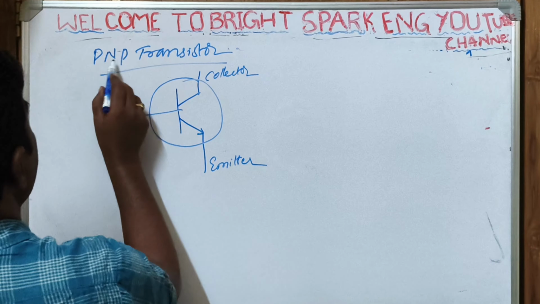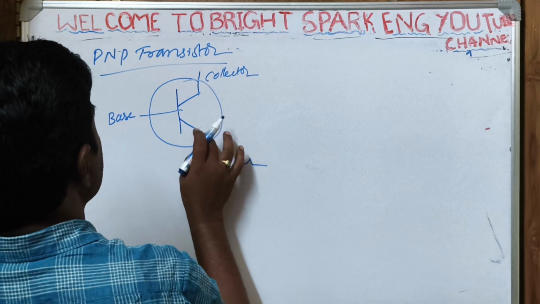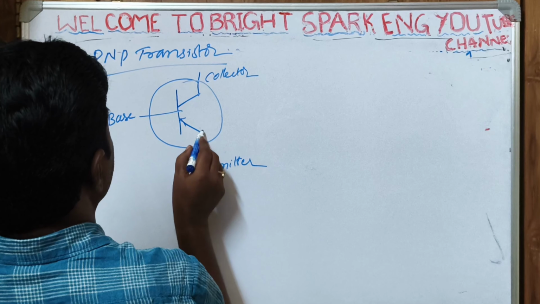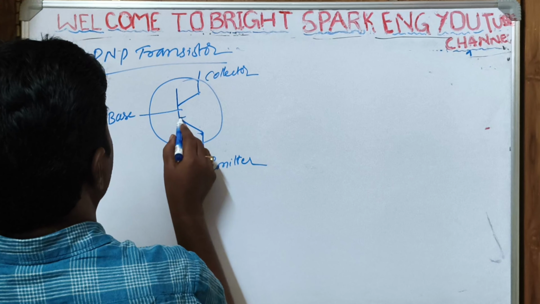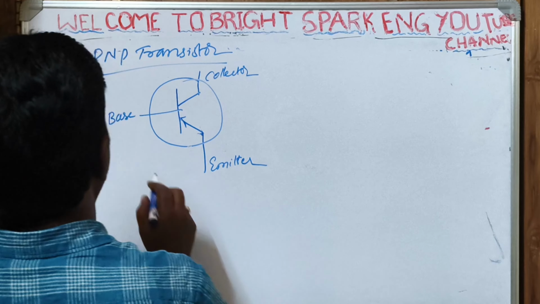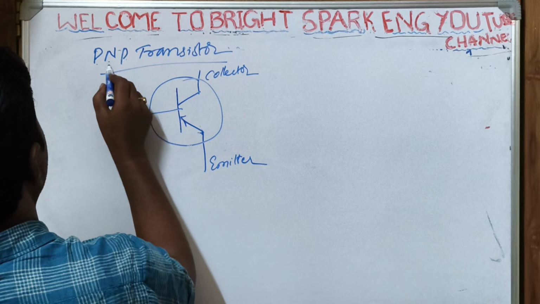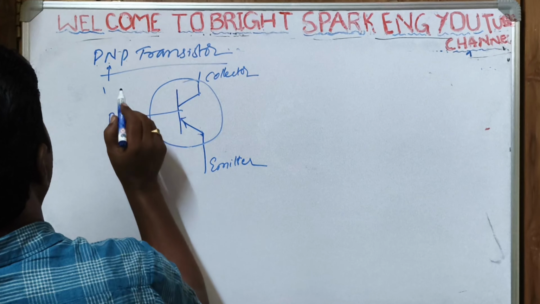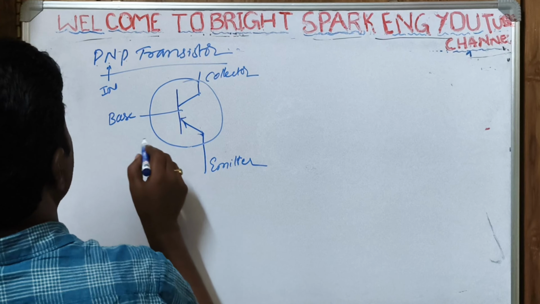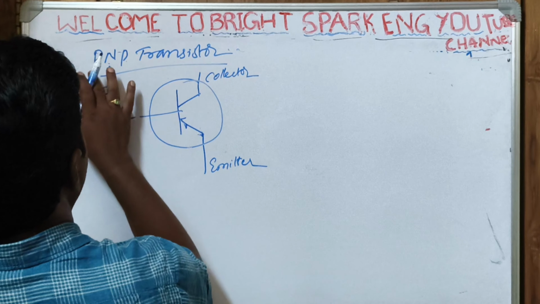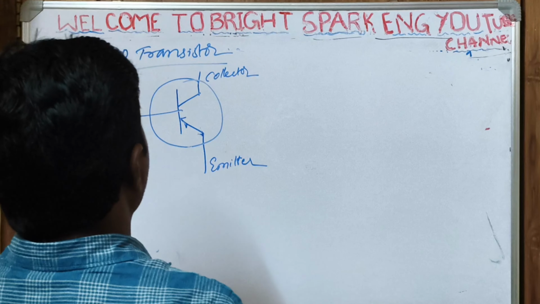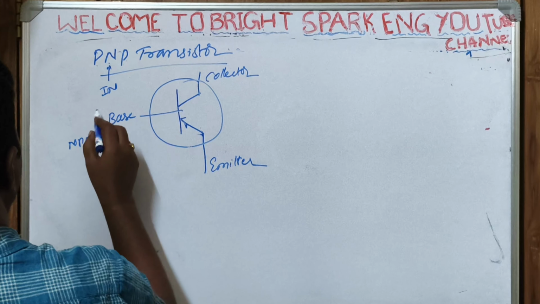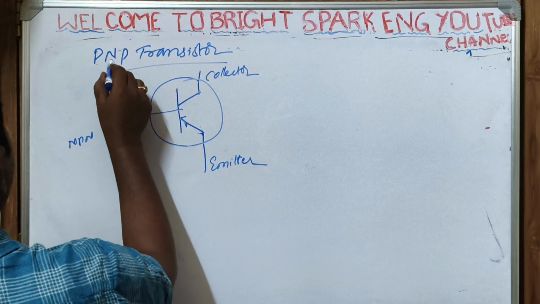In PNP transistor, sorry, this is like inside. Inside, in PNP, here N is in the middle. So you remember the shortcut. Inside arrow mark is there, PNP transistor. Outside is there, NPN transistor. You will remember N in the middle.